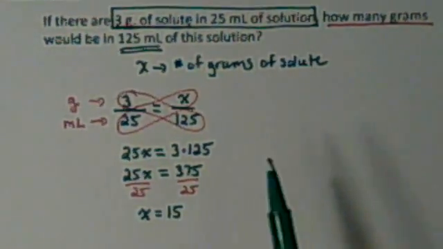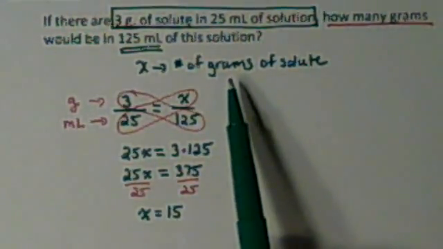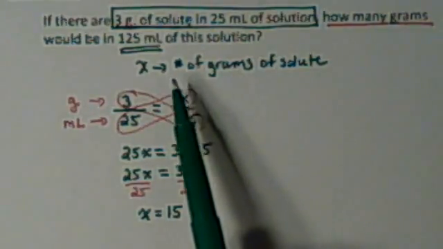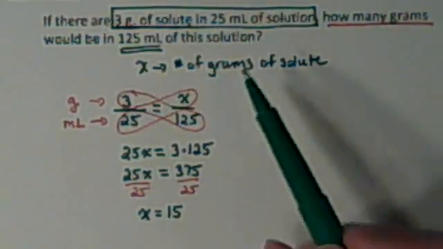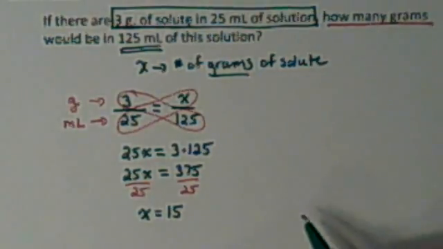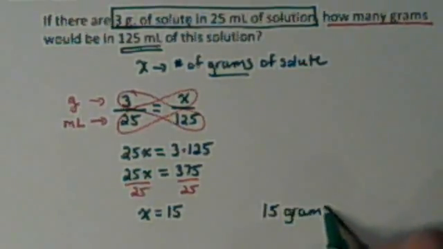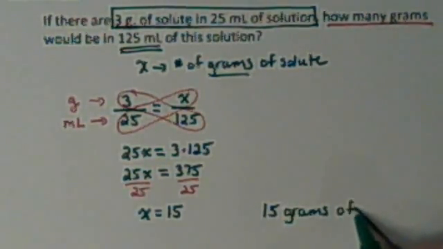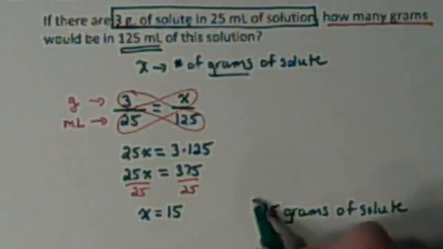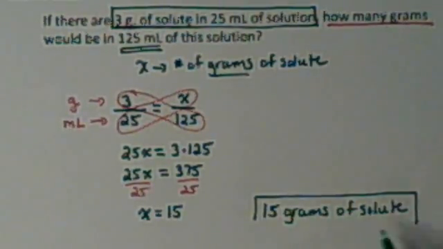Well, if I've defined things carefully, my label is already in my definition for the variable, and so we said x was the number of grams, and so my final answer here would end up being that I need 15 grams of solute, if I wanted to be really precise, in order to create the same concentration in 125 milliliters of solution. So this is the end of the first example.